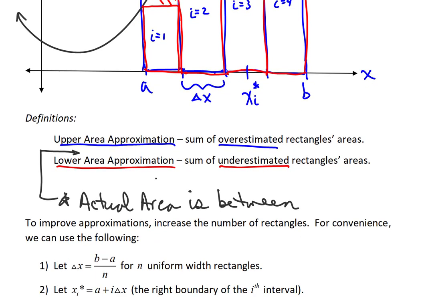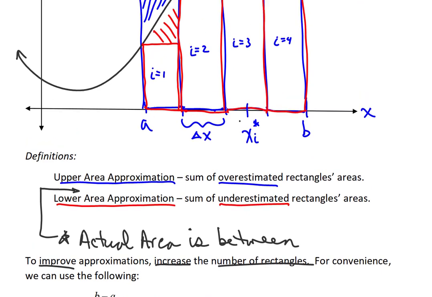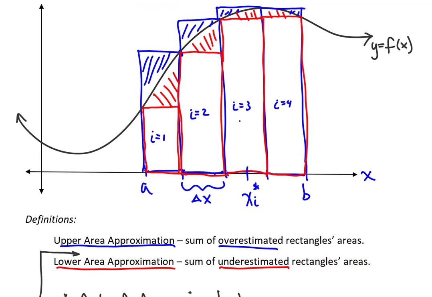Now, let's keep going with this idea. To improve approximations, increase the number of rectangles. And for convenience, we can use the following. Now, before we get into all this notation, let's think about what that would mean to increase the number of rectangles.